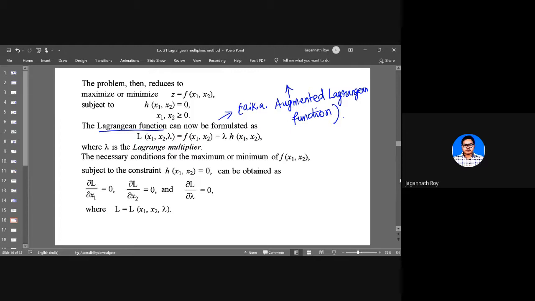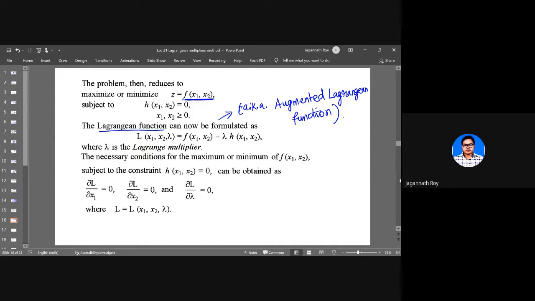For example, if you remember the system of linear equations, if we enter the B matrix here, we call it an augmented matrix. That means we are increasing the size of the matrix. Similarly here, the function was f of x1 and x2, and now we are increasing the size of the function. That can be one explanation for calling it the augmented Lagrangian function.